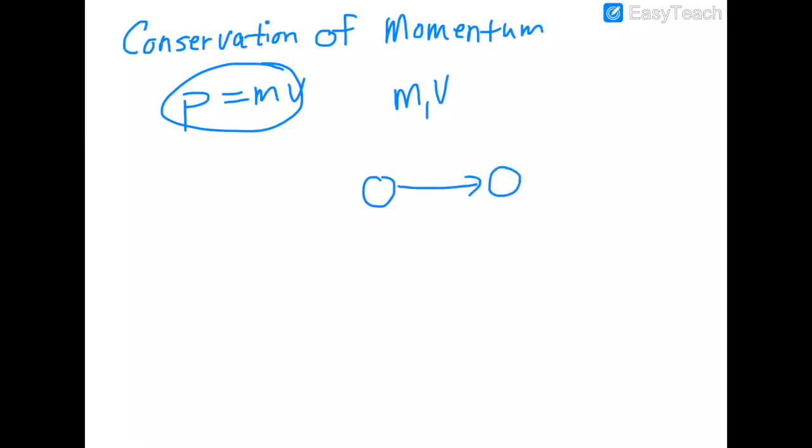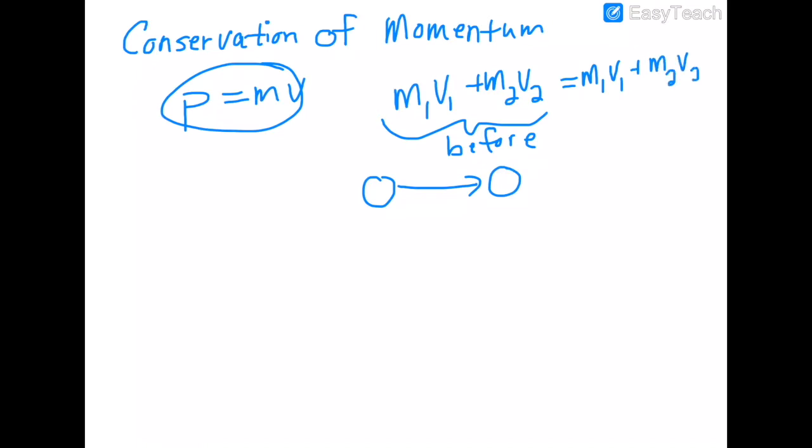So what the conservation of momentum says is that the mass of the first ball times the velocity of the first ball, plus the mass of the second ball times the velocity of the second ball, all before the collision, so all of this stuff is before a collision occurs, the total momentum before a collision will equal the total momentum after the collision. So I'd again have m1 v1 plus m2 v2, but this though would be after the collision.